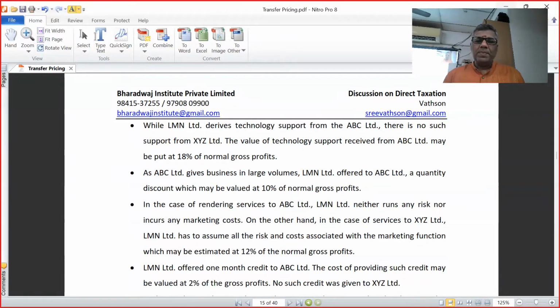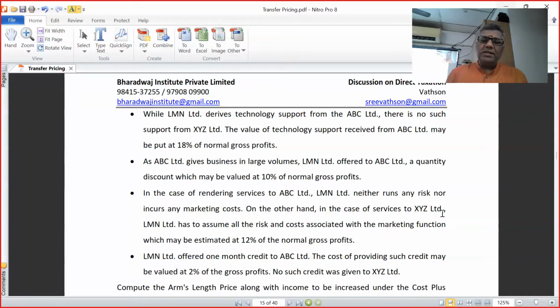Element derives technological support from ABC Limited, which may be 18% of GP. ABC Limited gives business in large volume, a quantity discount of 10%. In case of rendering services to ABC, Element neither runs any risk nor incurs any marketing cost.